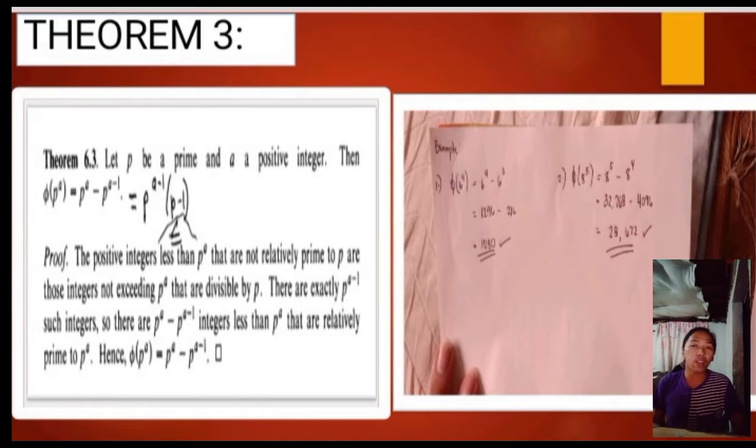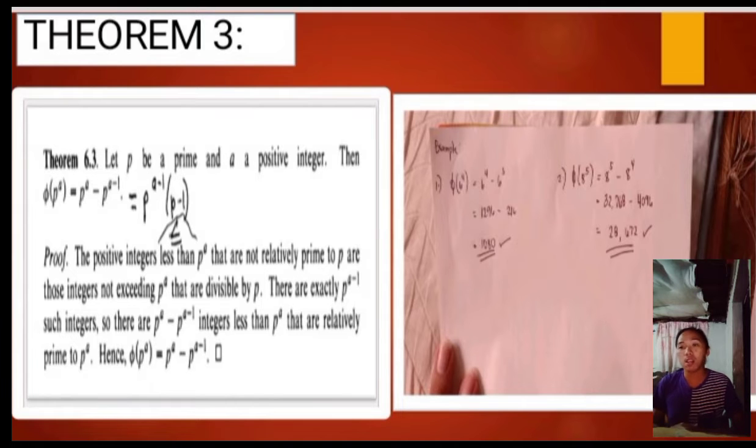So let's have another example, number 2. So phi of 8 raised to 5, where p is 8 and a is 5. So 8 raised to 5 minus 8 raised to 4. Same process. 8 times 8 times 8 times 8 times 8 is equal to 32,768, minus 8 raised to 4, or 8 times 8 times 8 times 8, which is equal to 4,096.